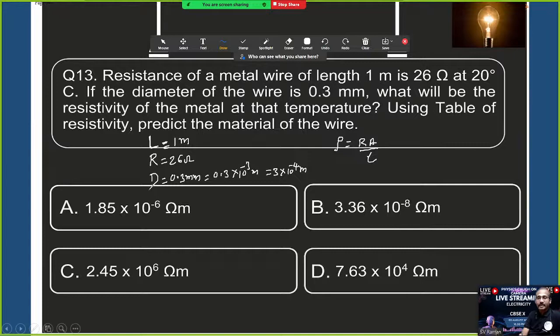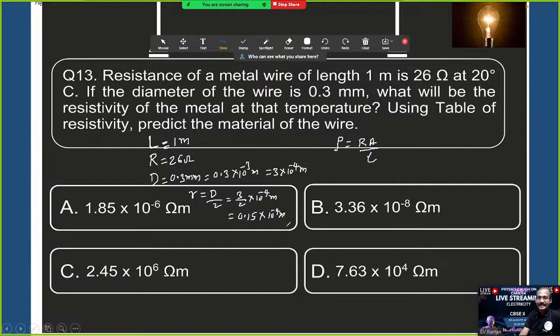They gave the diameter in millimeters, and we converted it into meters because the length is given in meters, so we consider the same units. But this is the diameter, and what we want is the radius. So radius is equal to diameter by 2, which is 3 by 2 into 10 power of minus 4 meters. So 3 by 2 is 0.15 into 10 power minus 4 meters.